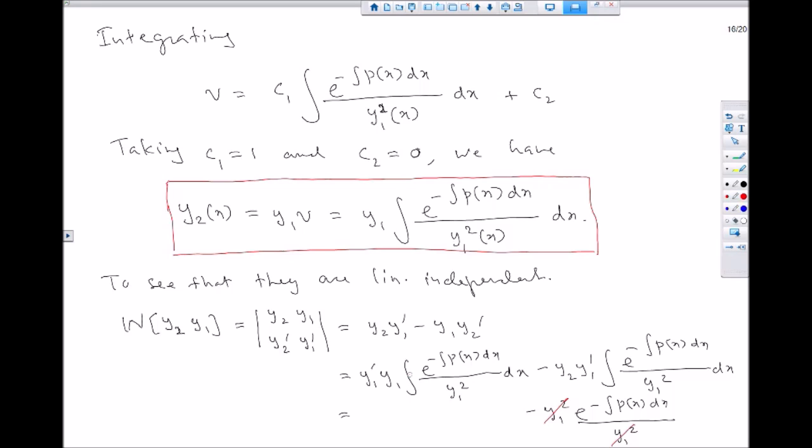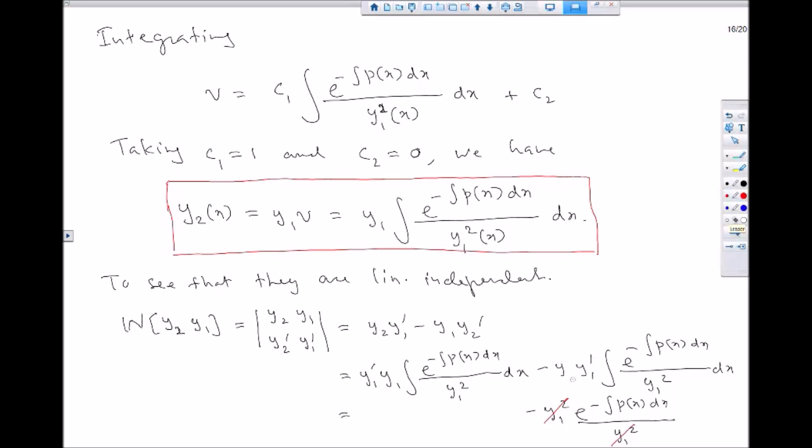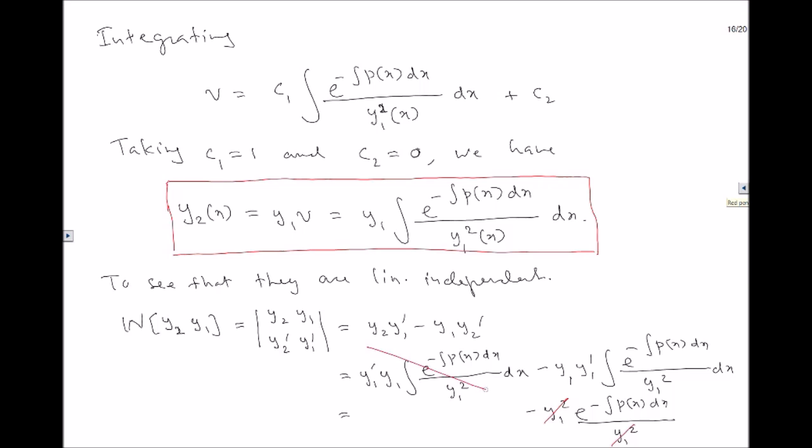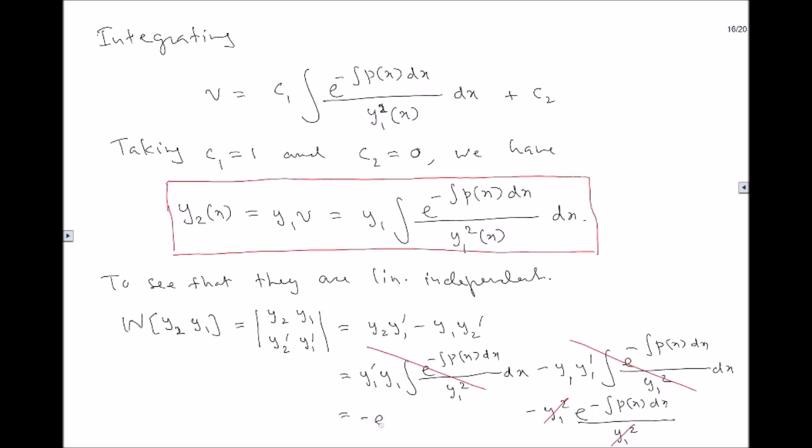I think there was a small typo, so this has to be y1, this has to be y1, and then you can see that they get cancelled out. So you simply end up getting negative e to the integral of px dx.